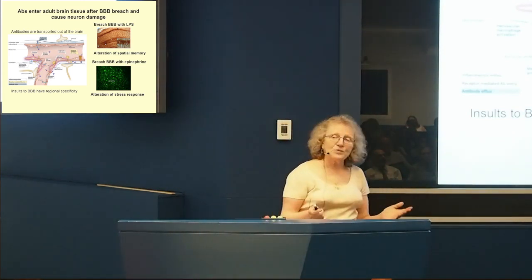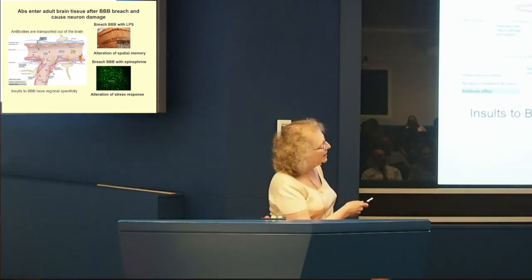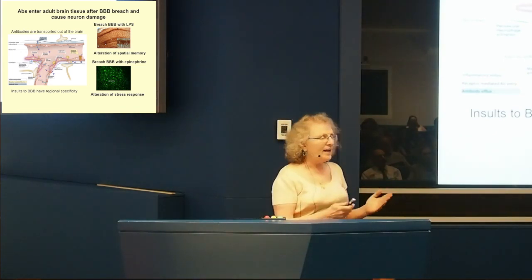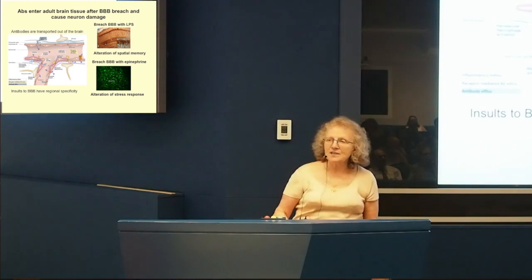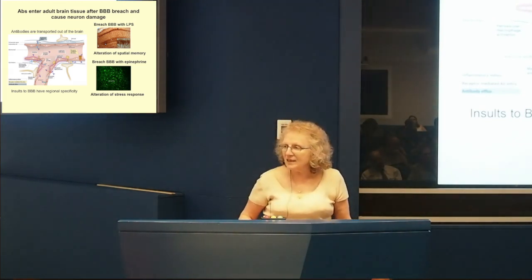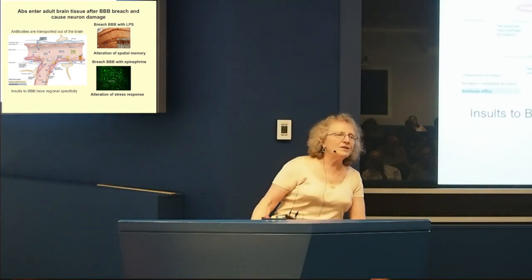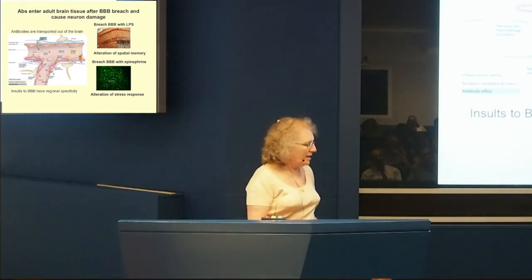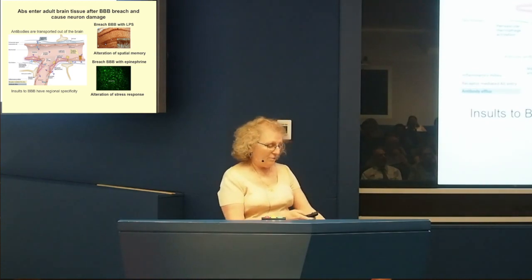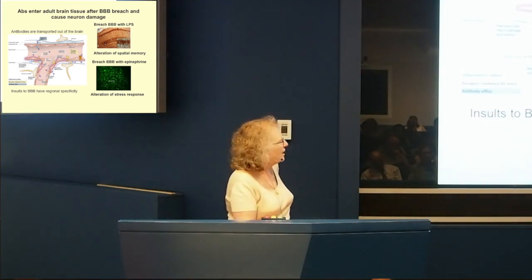And when mice were treated with epinephrine, the hippocampus was just fine. The antibodies entered the amygdala. You're looking at caspase activation in neurons in the amygdala. And these mice had normal memory function, but an abnormal stress response in a fear conditioning paradigm.